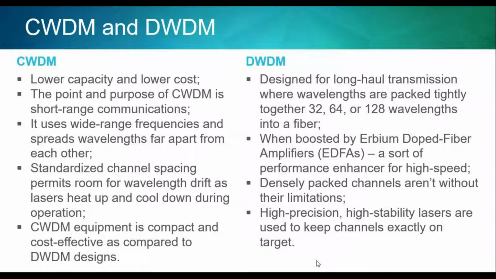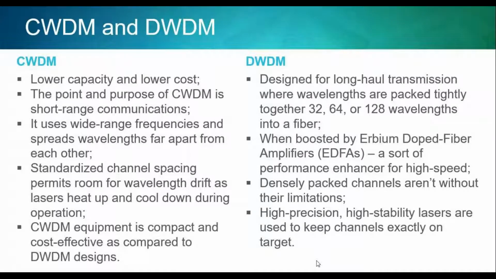So they're really looking at packing multiple wavelengths very tightly, 32, 64, and even 128 wavelengths into a fiber as we expand into the L band. Typically, we're looking at having amplifiers to boost the signal as it crosses those long-haul distances. That brings a whole set of challenges in terms of the quality of the signal, and we'll touch upon that as we look at the different performance indices for DWDM systems.